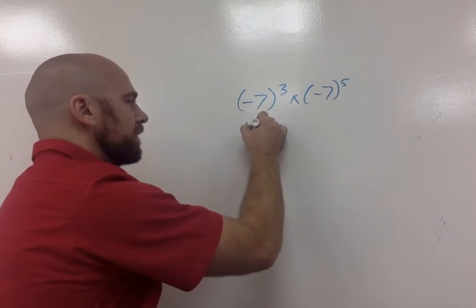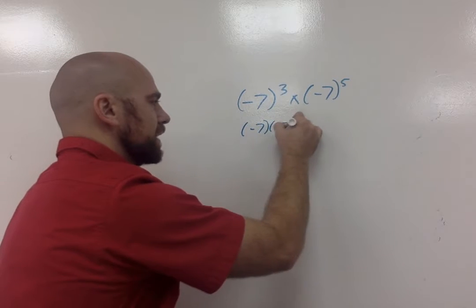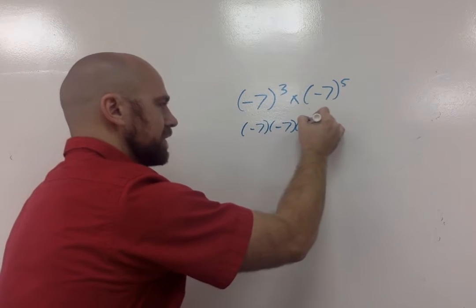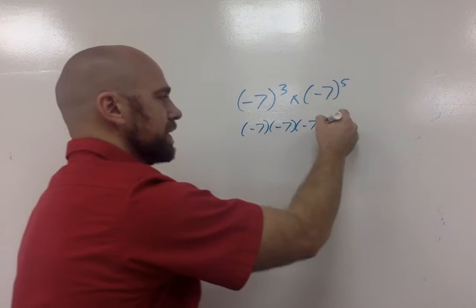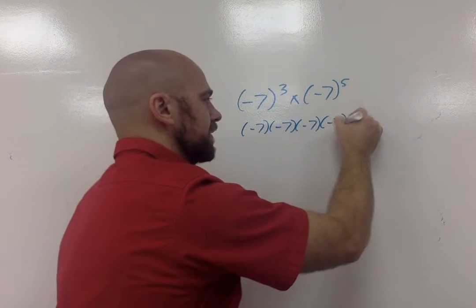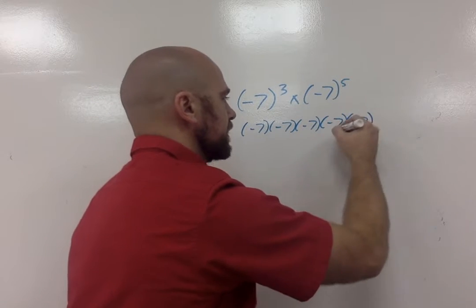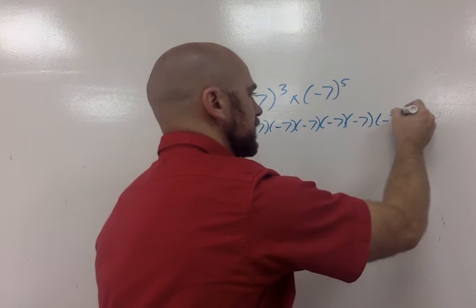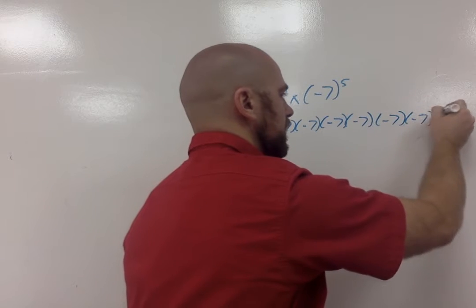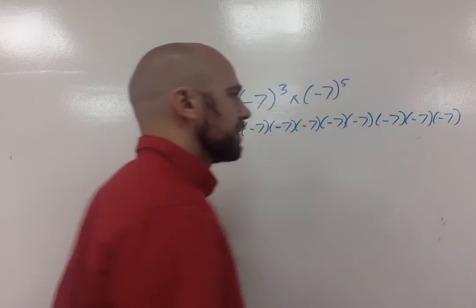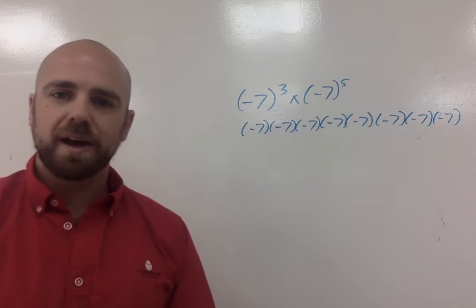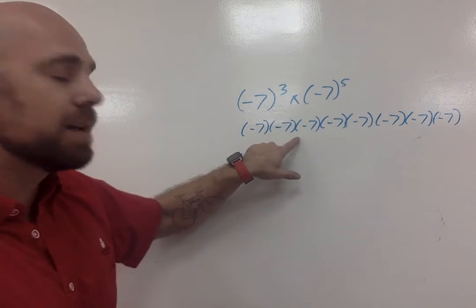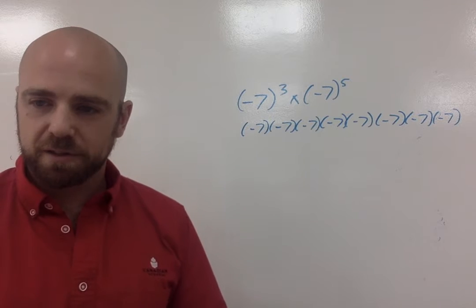So we're going to have negative 7 times negative 7 times negative 7, 3 times, and then 5 more times. So negative 7, 2, 3, 4, 5. Okay, perfect. Just a reminder, when we have bracket beside bracket, that means multiplication.